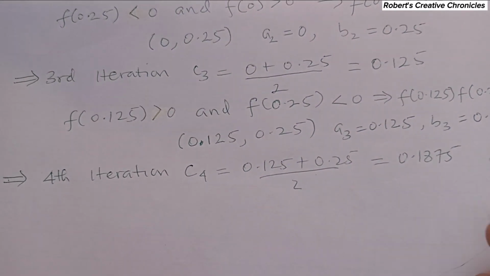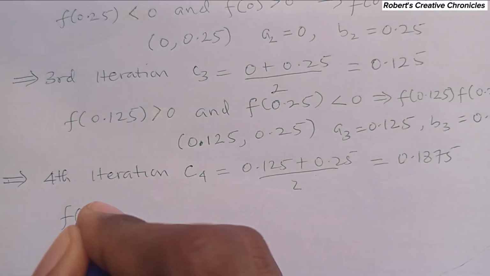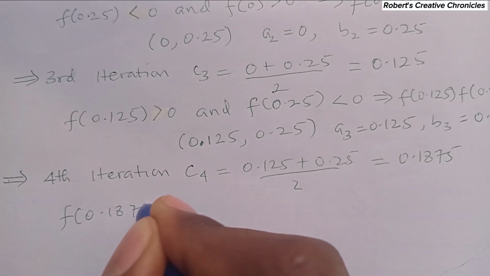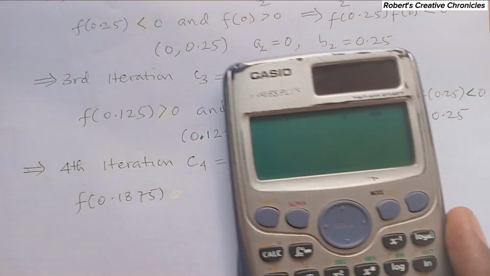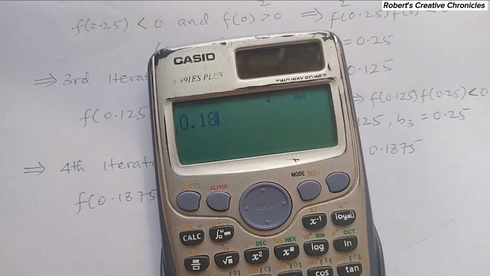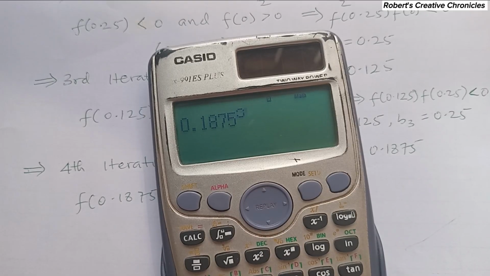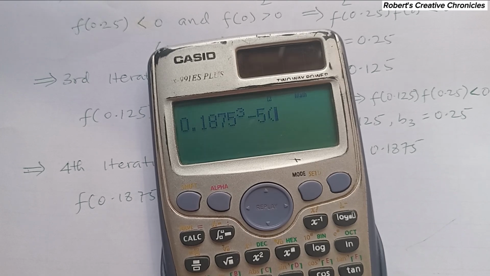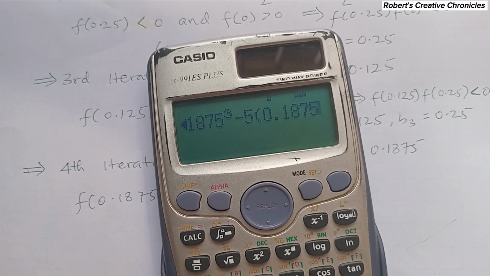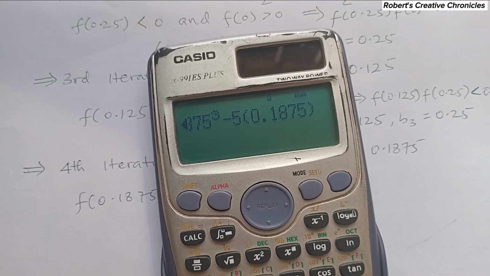So now we'll find the function of this: 0.1875 cubed minus 5 times 0.1875 plus 1.